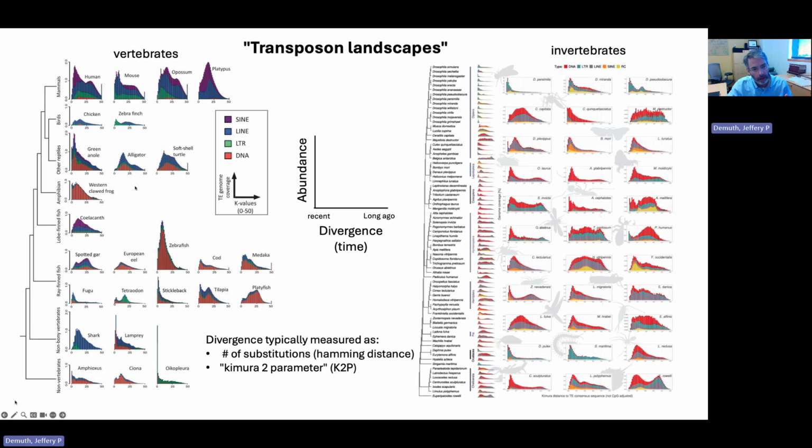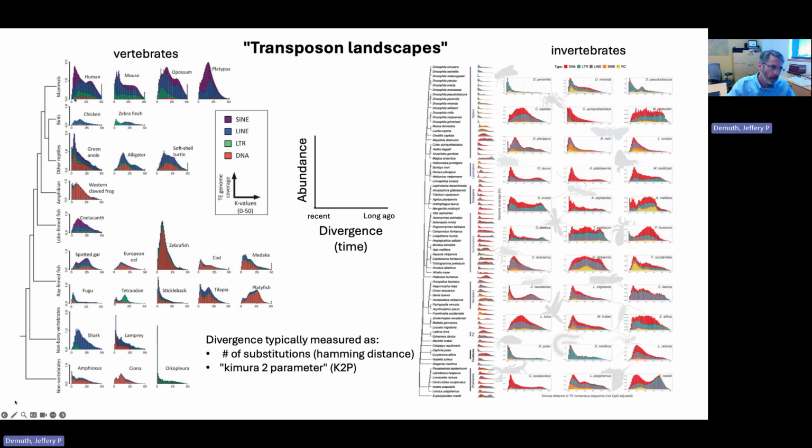And then on the right, that's longer ago, where I guess all of these are scaled 0 to 50. So you can imagine 50 base pairs difference. I think these are on a percent scale, but the actual absolute numbers on the x-axis don't matter. It's just more similar to each other on the left, less similar on the right.